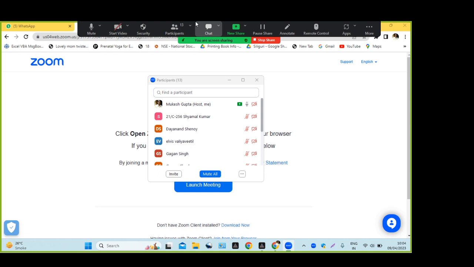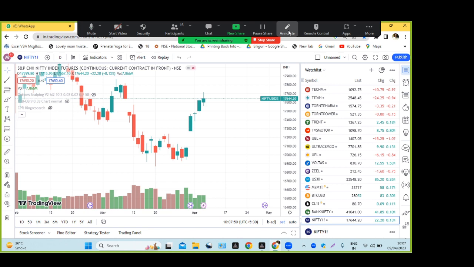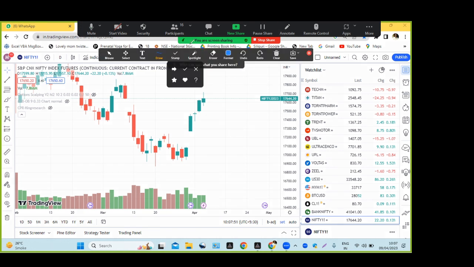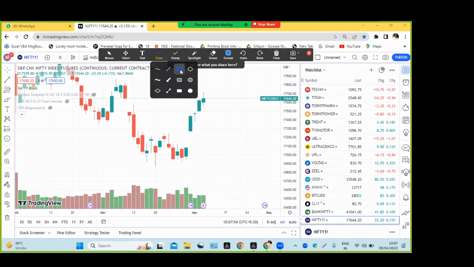First of all, we will understand one candle which is named as Marubozu. How many of you know Marubozu? Everyone is familiar with this candle? Those who are not understanding Marubozu, let me draw over here. This is a candle.